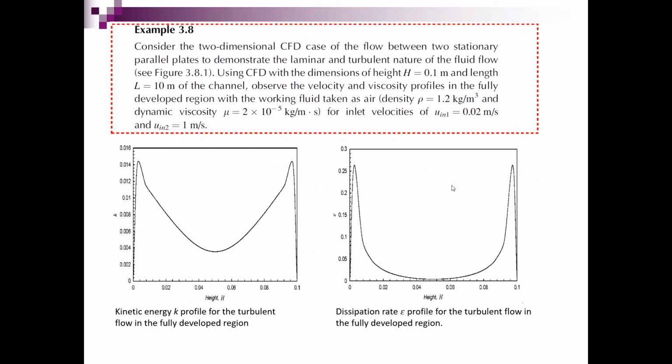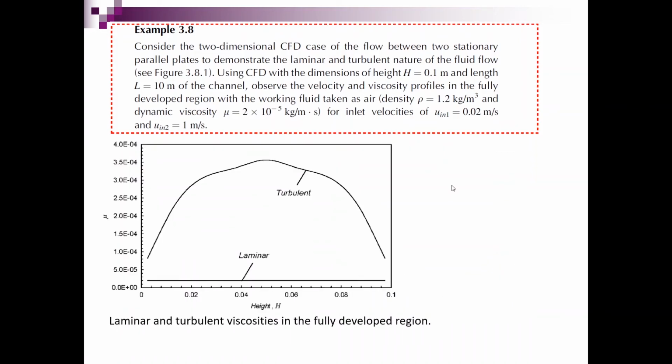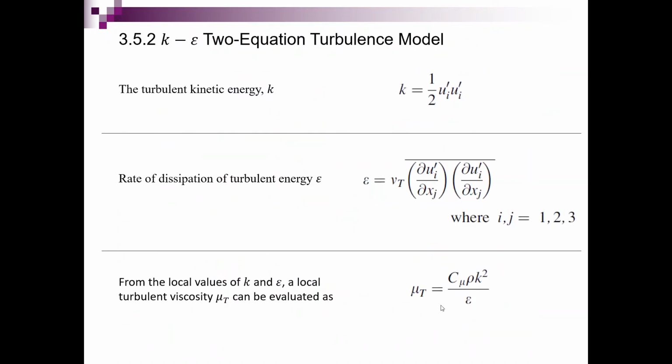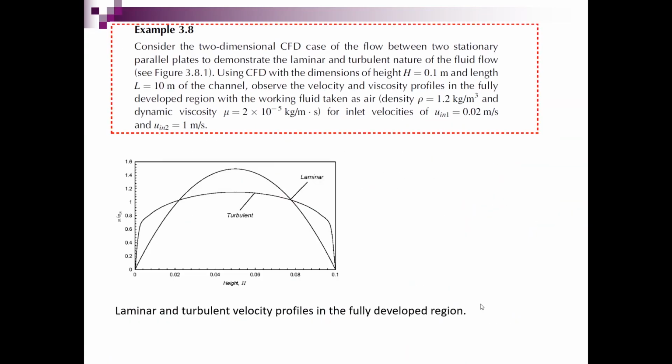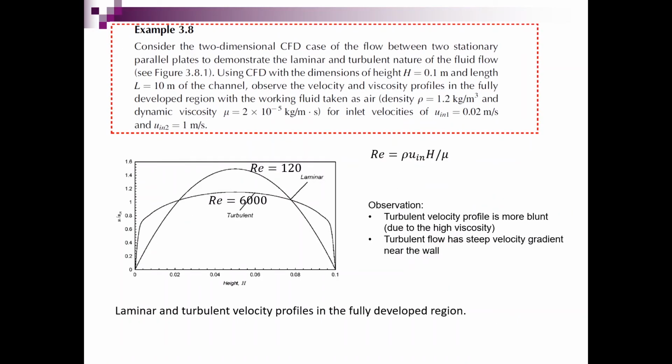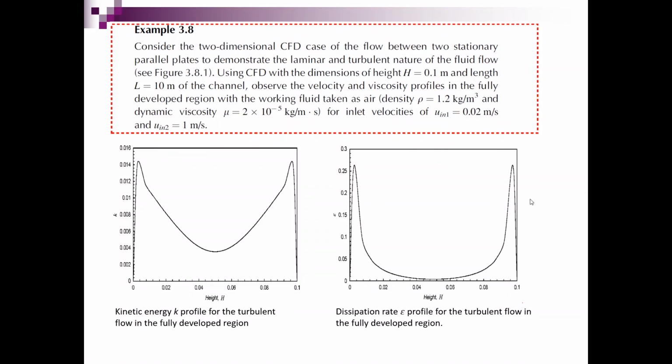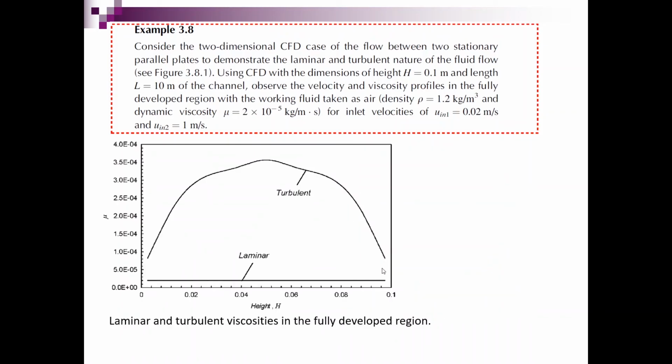If you remember the equations before this, mu t is the ratio of K over epsilon. So when epsilon is very high compared to K, that means the viscosity here is low. Mu t is proportional to K squared over epsilon. So here epsilon is very high, and that's why we have this small mu t compared to the one at the center.